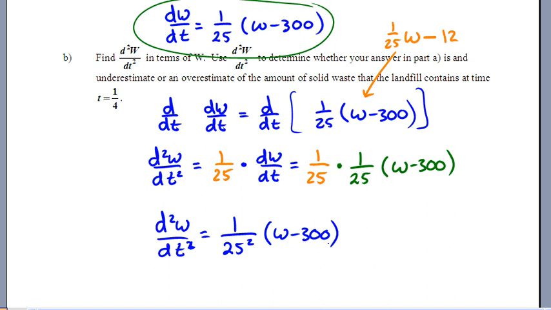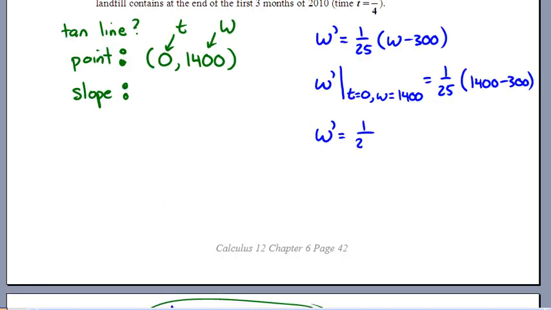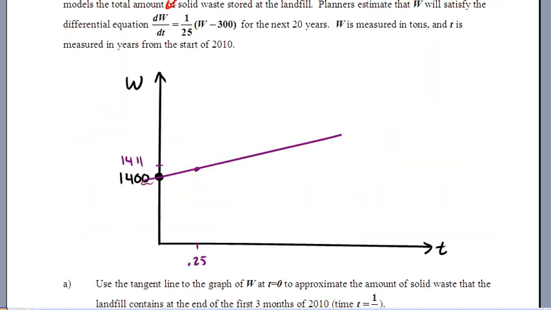And now they're asking me, once you've got that, can you use it to figure out whether or not that 1411 answer you had was too big or too small? Right? They're saying, what about your answer in part A? Well, let me go back to my little sketch that I was doing here. There's my tangent line, and I don't know, is the tangent line above the graph or below the graph? Well, it depends.